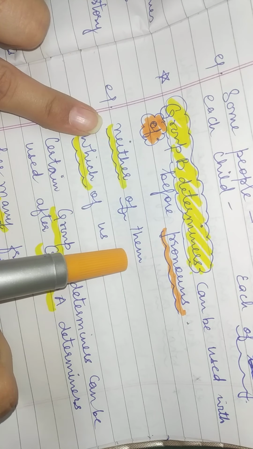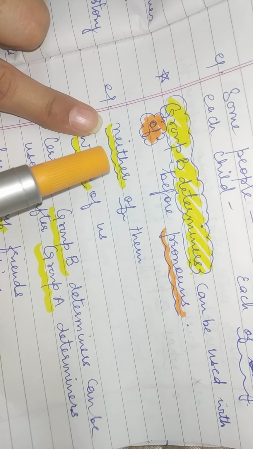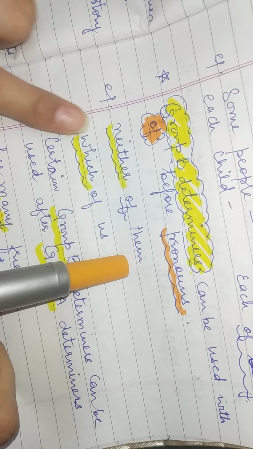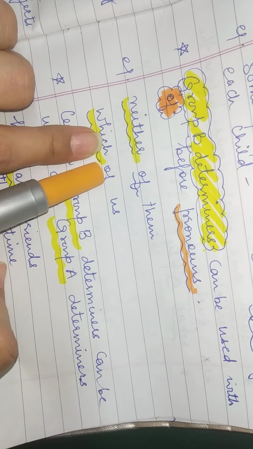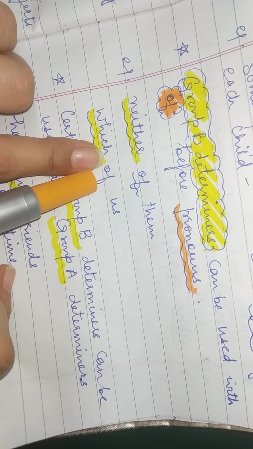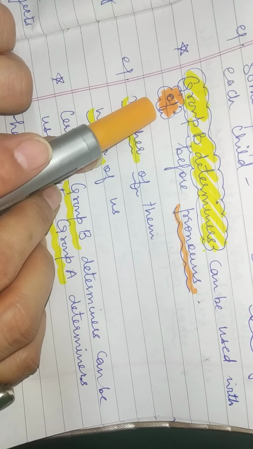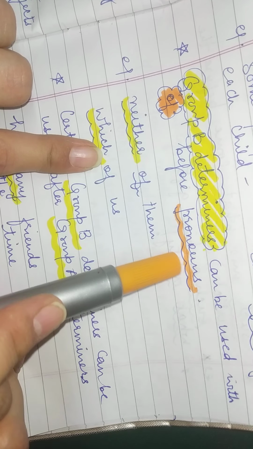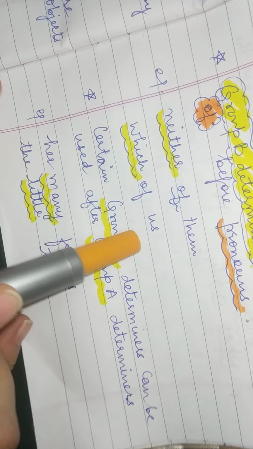Like them is a pronoun, so we can use of before them, and neither. Neither of them. Which of us. Us is again a pronoun, and we are adding of before this, before the pronoun. Here it is written, it can be used with of before a pronoun. Okay. So neither of them, which of us.